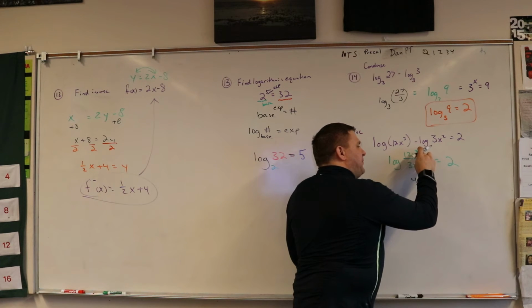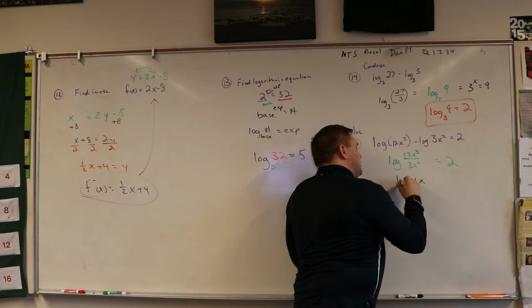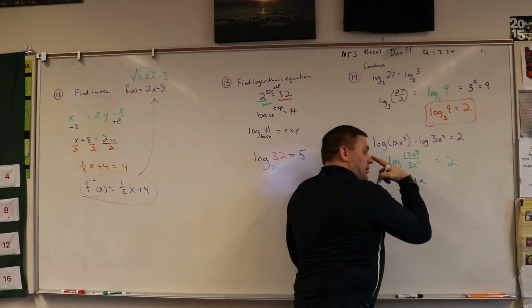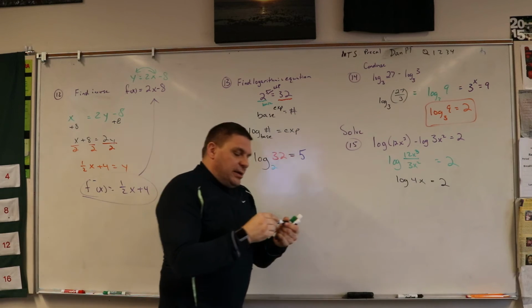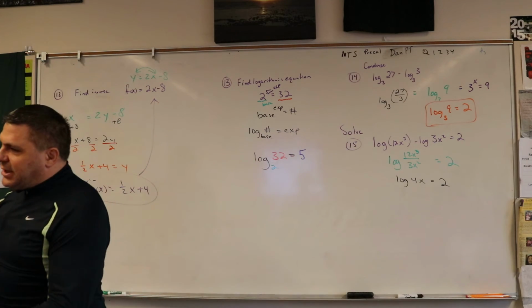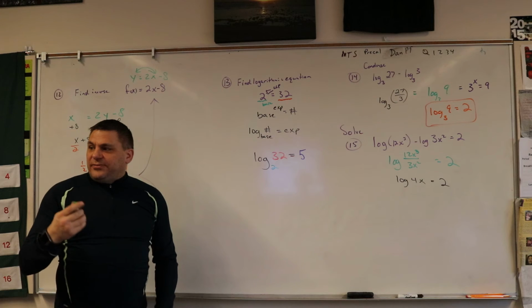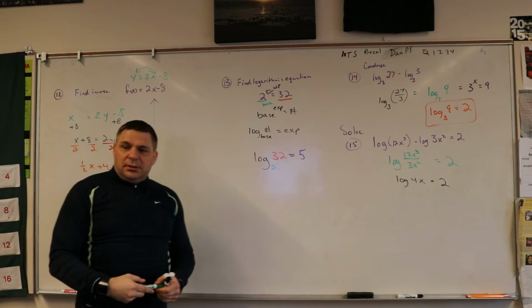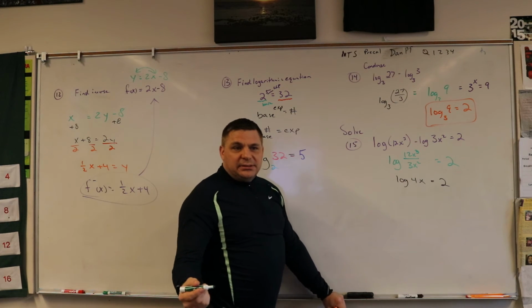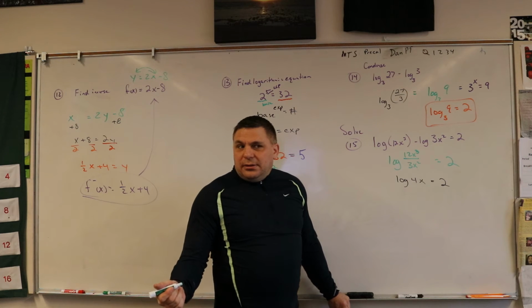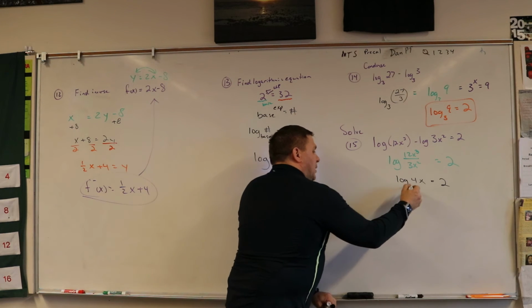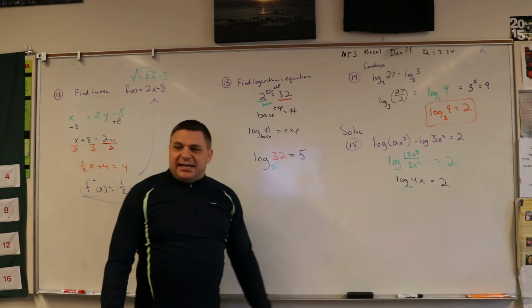If I take 2 from 3, I leave 1. So log of 4x is equal to 2. Okay? And so what is the base of this log? If there is no base showing, do you remember what the base is? It's 10. Yes. So it is a base 10 system.